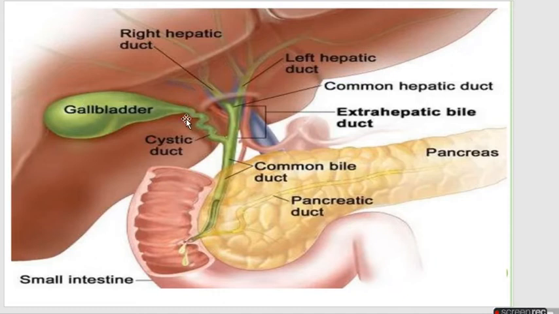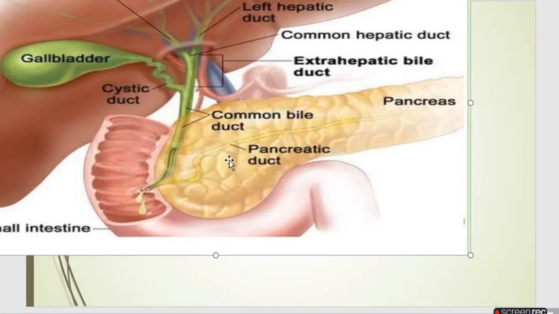This is the gallbladder, this is the cystic duct, this is the right hepatic duct, this is the left hepatic duct, and this is the common bile duct. If the stone is present here, we label the patient cholelithiasis. When the stone is present here, we label the patient acute cholecystitis. When the stone is in the common bile duct, we label the diagnosis choledocholithiasis.